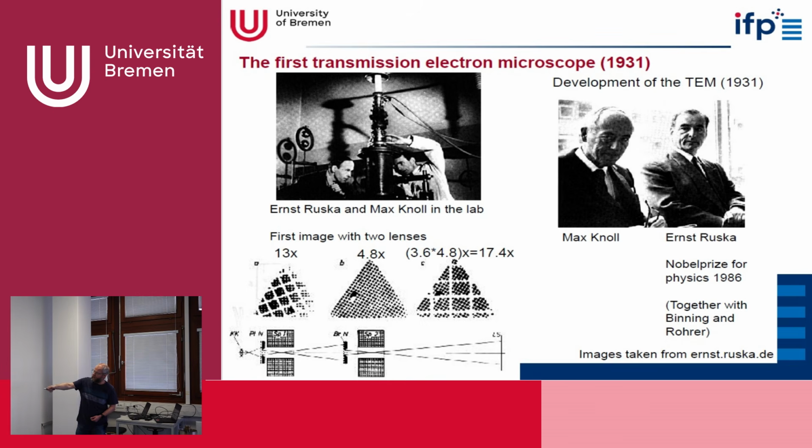If they only switched on the first lens, they could get a magnification of 13 times of object 1. If they only used lens 2, they could achieve a magnification of 4.8, and if they combined the two lenses, they found a magnification of 17.4.